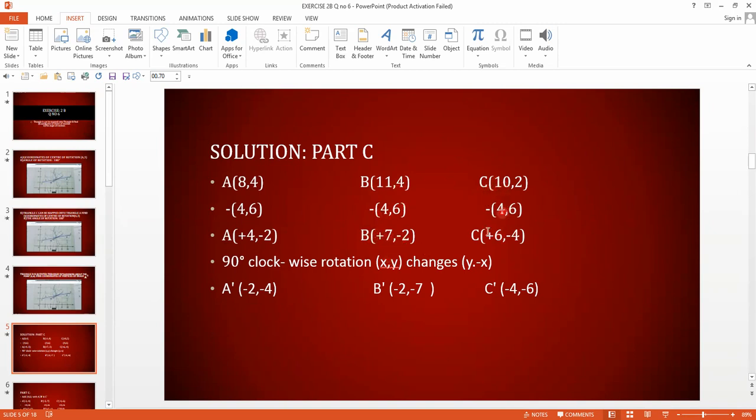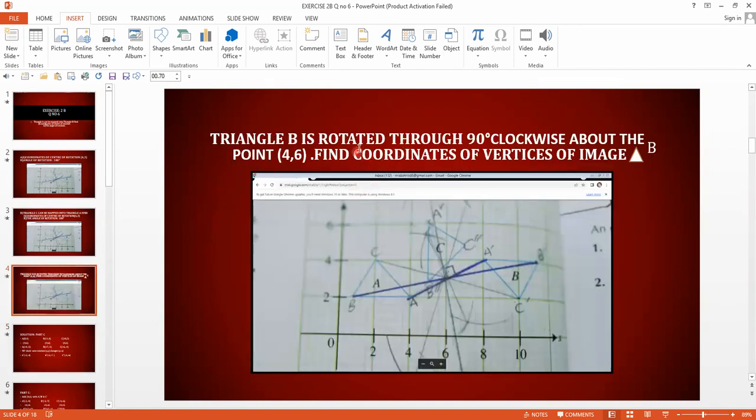Similarly, from C, we subtract 4 and 6, and we get 10 - 4, equal to +6, and 2 - 6, which is -4. So it is equal to +6 and -4. Is it clear? Always remember, whenever we have to rotate any object 90 degree clockwise, the first step is that we have to subtract the given point.